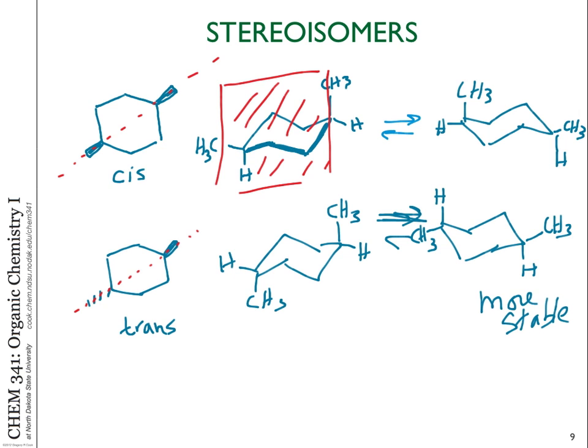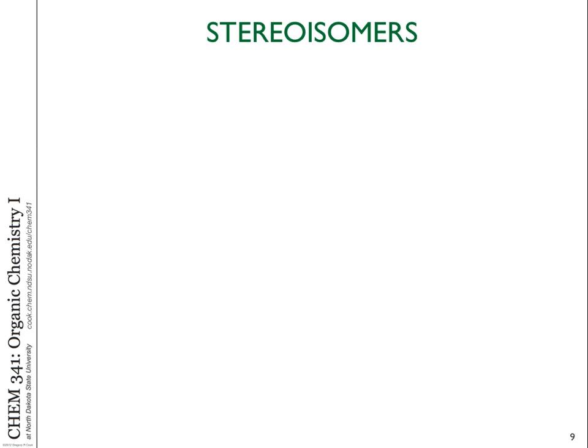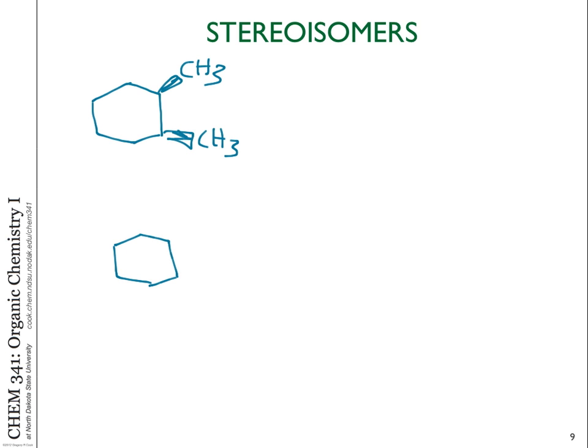All right. What about the molecule? I'm gonna erase this, so hopefully you've gotten this written down if you're writing it down, or you can go back and look at the video. What about the molecule which is similar but has 1,2-dimethyl cyclohexane?